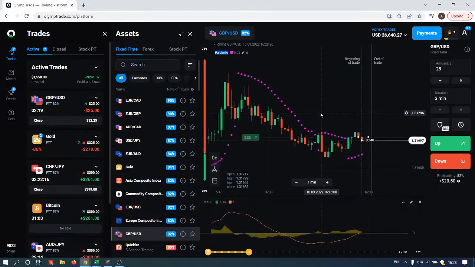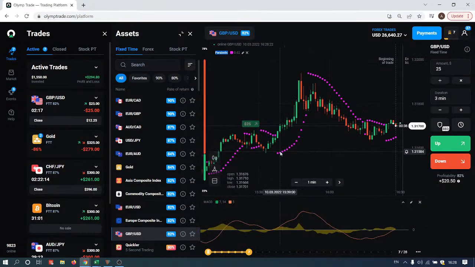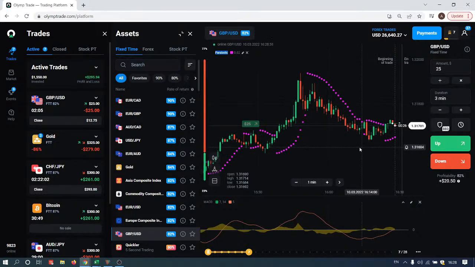These purple dots can be placed either under the chart or above the chart. That is defined by the mathematical formula behind this indicator, and it has a certain logic, which is why sometimes they are placed above the chart and sometimes under the chart. That is determined by the current situation on the asset.